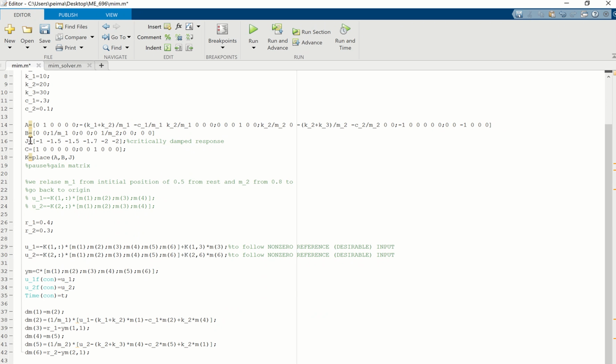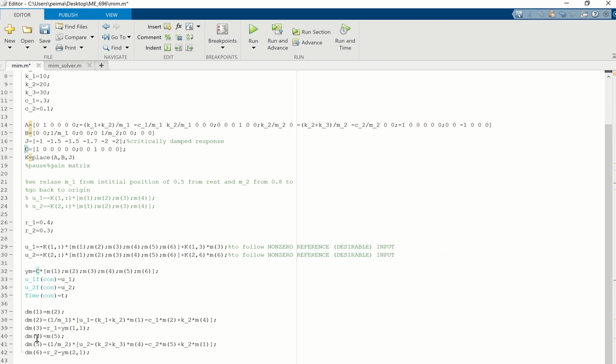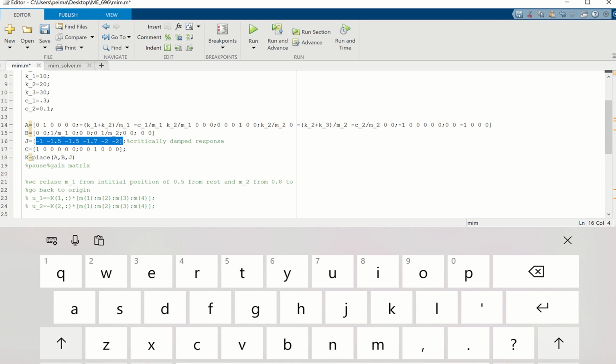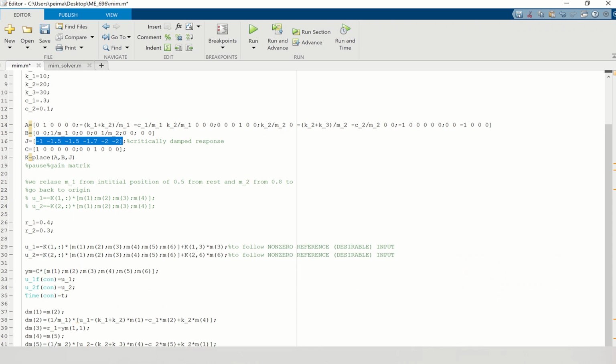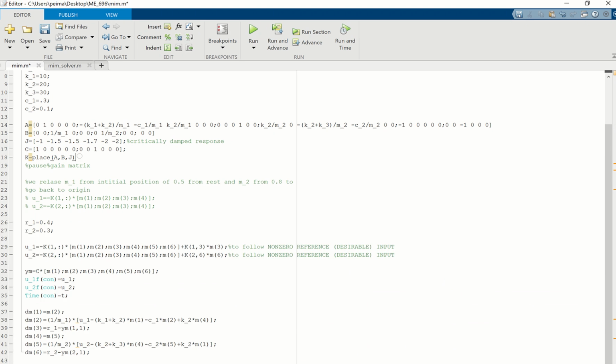And you see that your J is going to be changed because you now have a 6th order system. You have 2 zetas added. So you have 6 desired values of the poles. That's right. You have to be consistent. And your C is the previous C, 0 0. Previous C 0 0. Then now you have K.